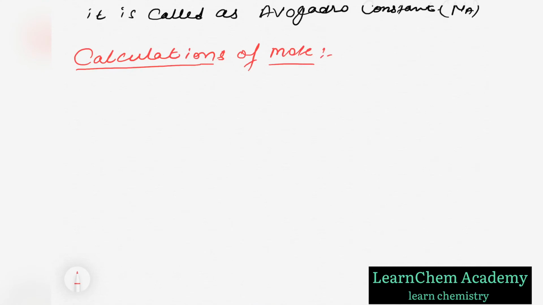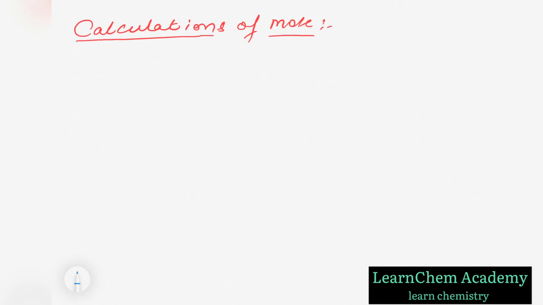Okay, so we can do the mole calculation in three ways: first, by given mass, second, by given volume, and third, by given number. If mass is given, we can calculate the number of moles.